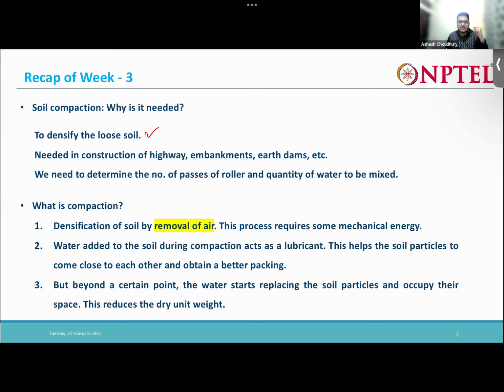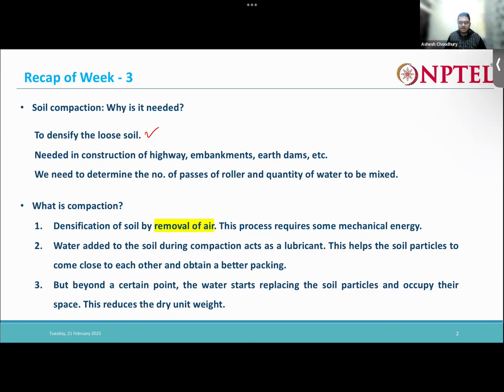That is the main criterion. Now, in order to maintain that density, you need to mix some amount of water in the soil so that you can densify the soil during construction of the embankment, right? So this compaction theory, or this chapter, will help us.